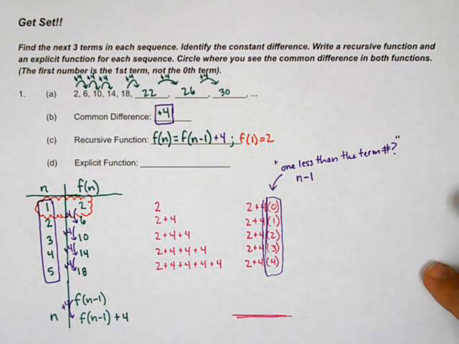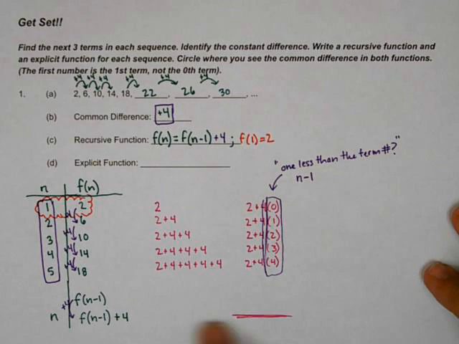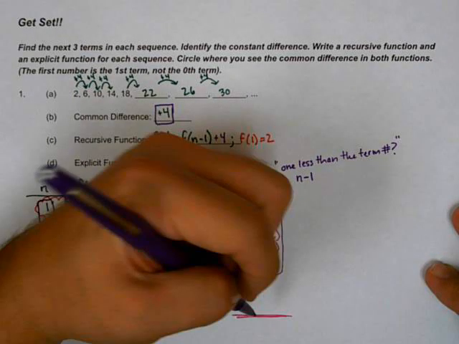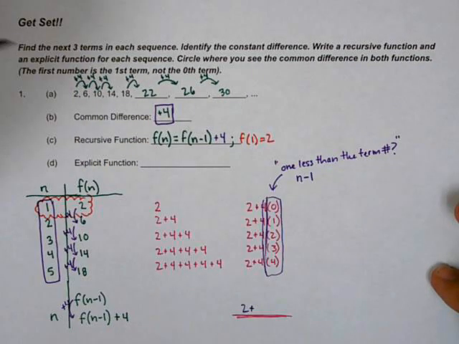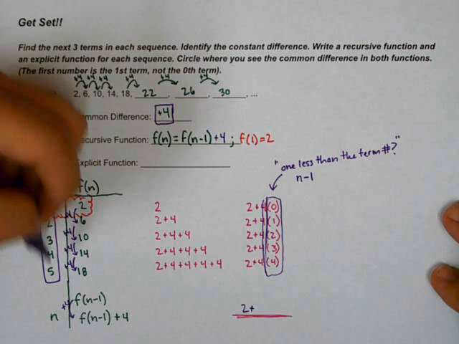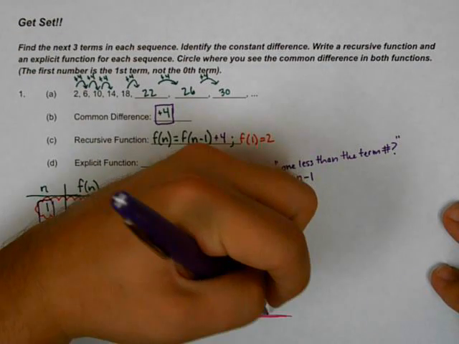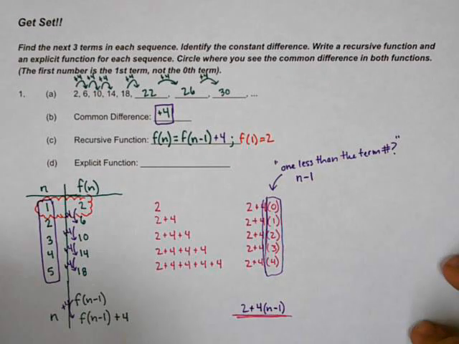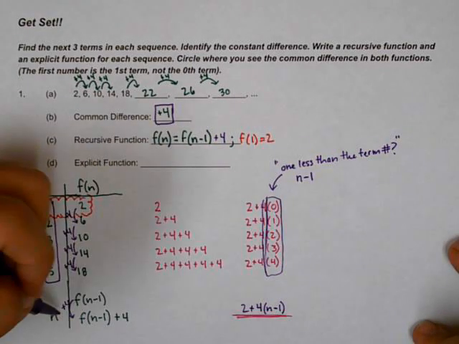And so what we're going to do to come up with a general rule for n is, hopefully you notice this 2 is still good, right? This 2 doesn't go away. But now, instead of adding a 4 for each term number that we're on, we're going to multiply it by n minus 1.